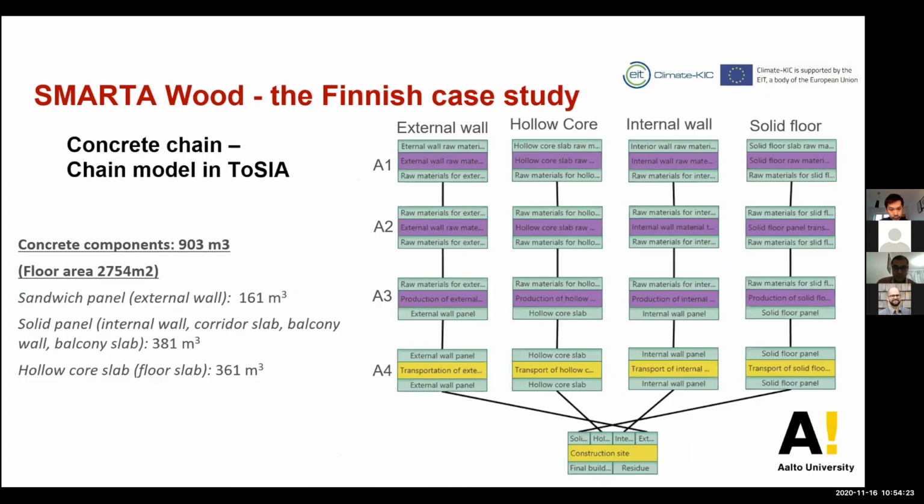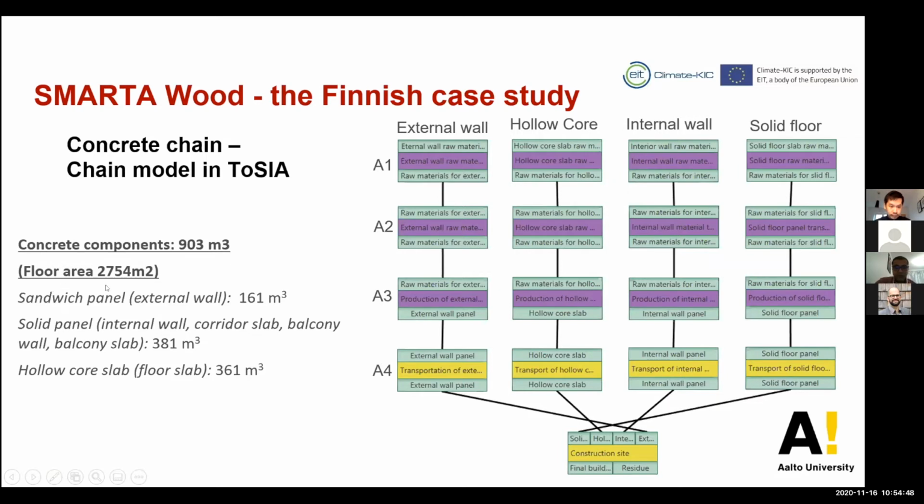And in TOSIA, the supply chain looks like this. It is pretty much the same as Sweden. We have this A1, A2, A3, and A4, 4 different stages, and for 4 different concrete elements. And for the concrete part, the amount totaled about 900 cubic meters.